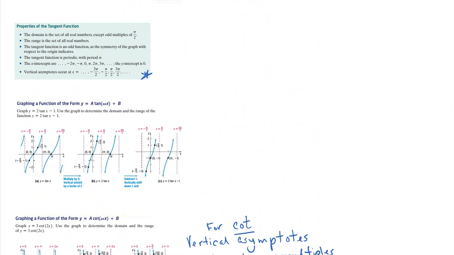Let's see if we can go look at them. So we're just completing the sentence here. The graph of tan is symmetric with respect to, and we said it was the origin, and it has vertical asymptotes at odd multiples of pi over 2. That's in the notes, so you should be able to fill those out.